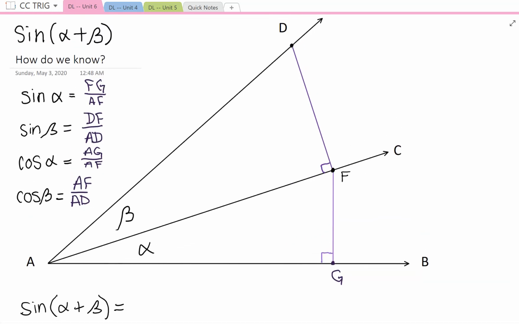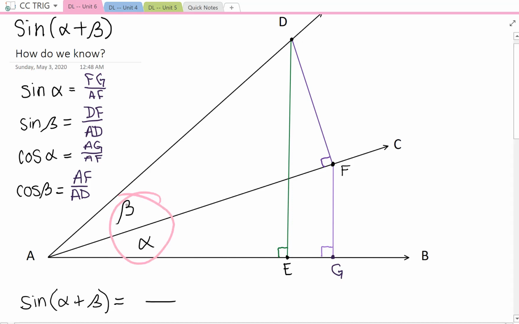We have not yet created a right triangle for which alpha plus beta is the focus angle. Go ahead and draw a line from D that is perpendicular to AG. We're going to call this point of intersection E. If alpha plus beta is the focus angle, then our opposite side would be this green thing, and that is DE.